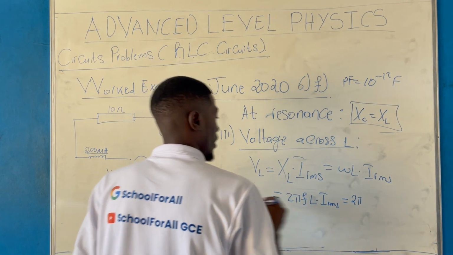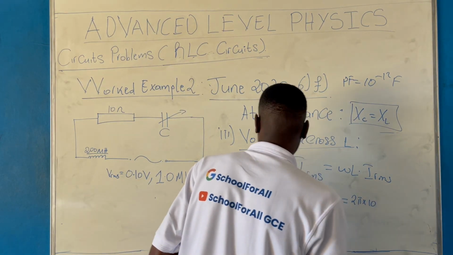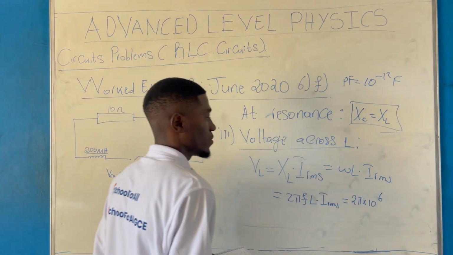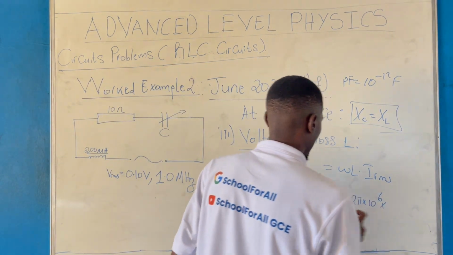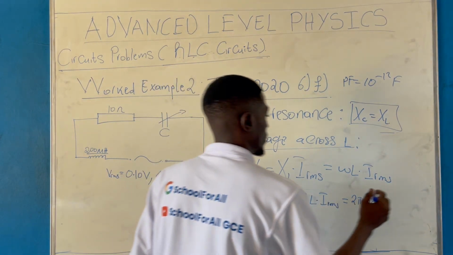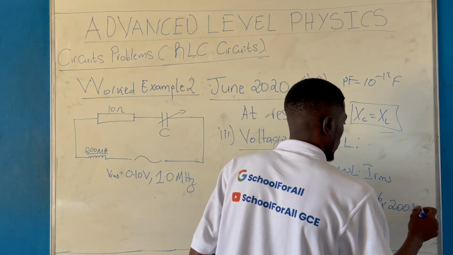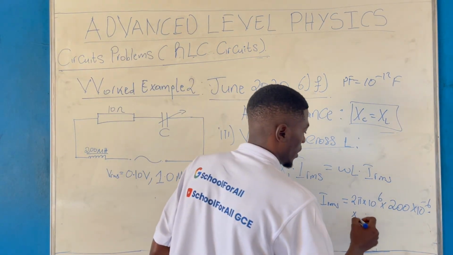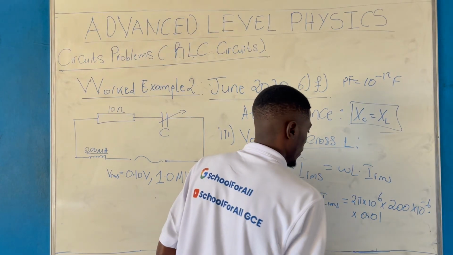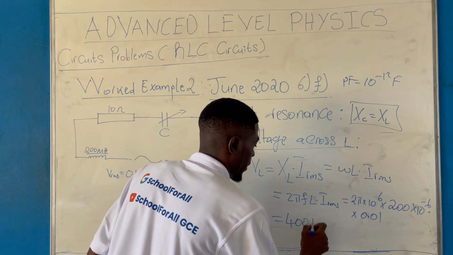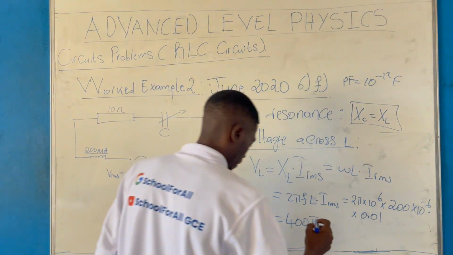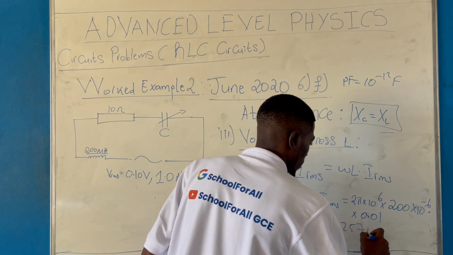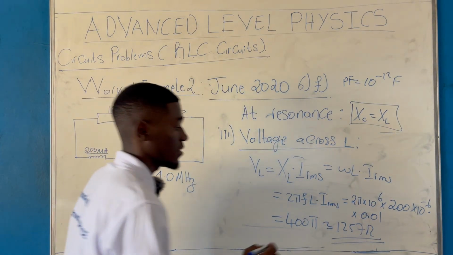By placing the values, I will have 2 pi times the frequency, 1.0 megahertz, mega meaning times 10 to the 6, then times the inductor, which is 200 times 10 to the negative 6, times the current that we just calculated, 0.01. We'll have something like 400 pi, which is approximately 1257 ohms.